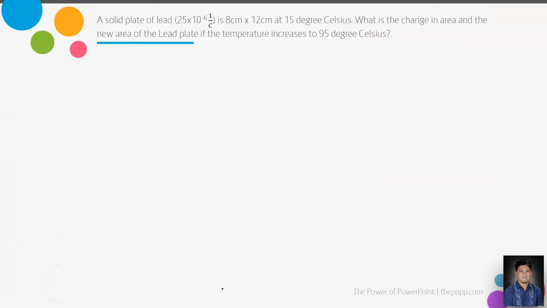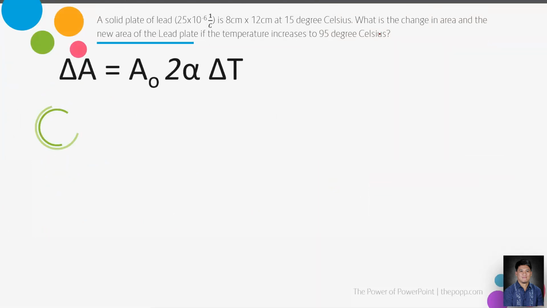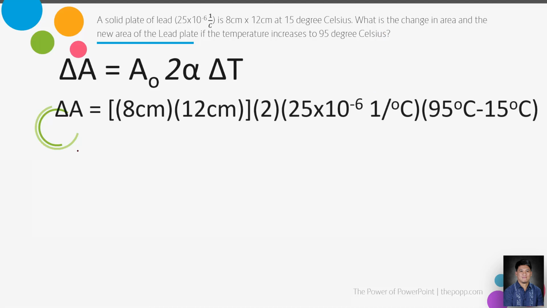So substitute natin. Since hindi given yung kanyang initial area, ang gagamitin natin is yung kanyang dimension. So simply multiply yung kanyang dimensions, which is 8 centimeter times 12 centimeter. So ito yung kanyang dimension.